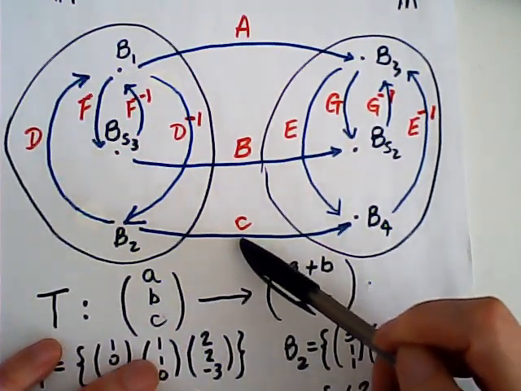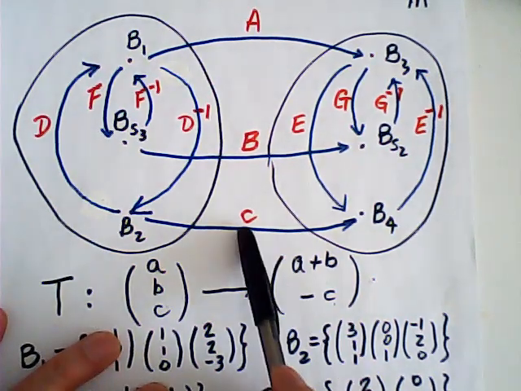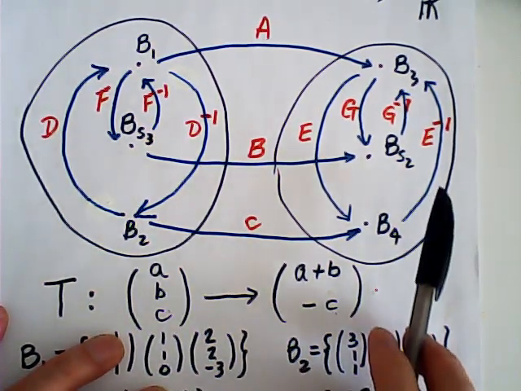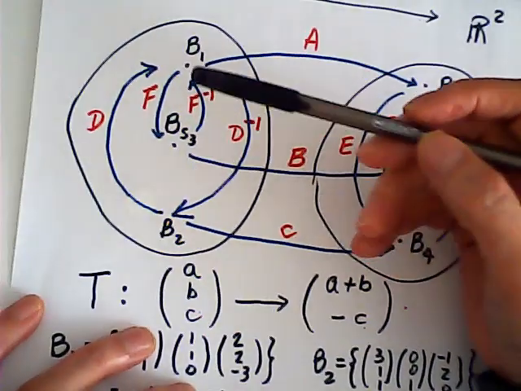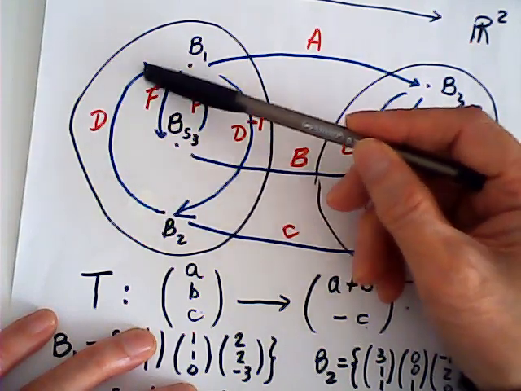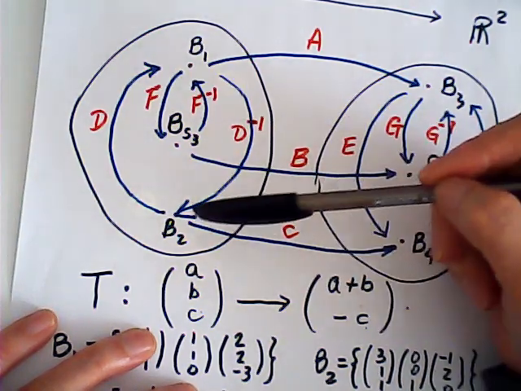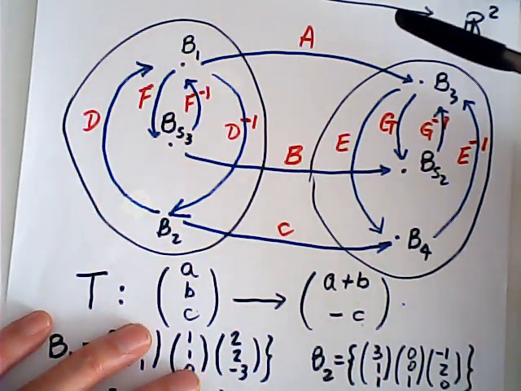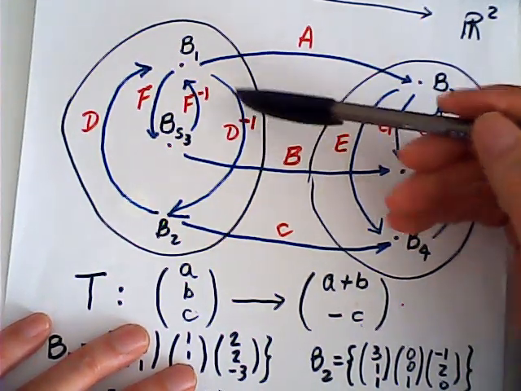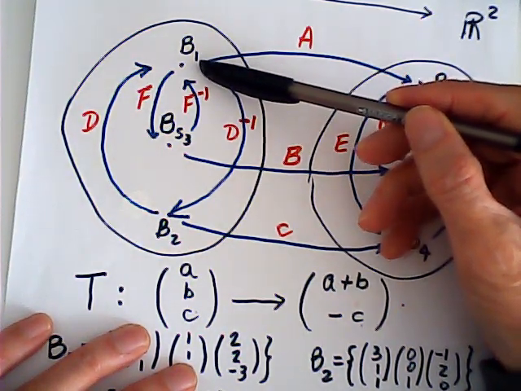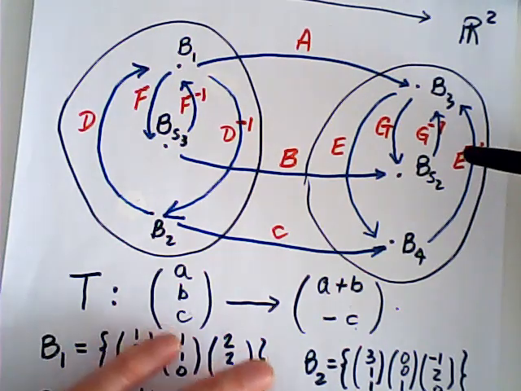C is a matrix representing the linear transformation from B2 to B4. And D is a matrix representing the change of basis from B2 to B1, and D inverse is the change of basis matrix from B1 to B2.